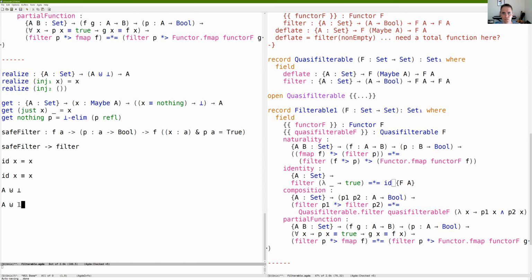So that is a filterable functor. Because it has this 1 plus A in there, and that means that the argument of the continuation is a function that is required to be able to ignore the argument A if necessary.